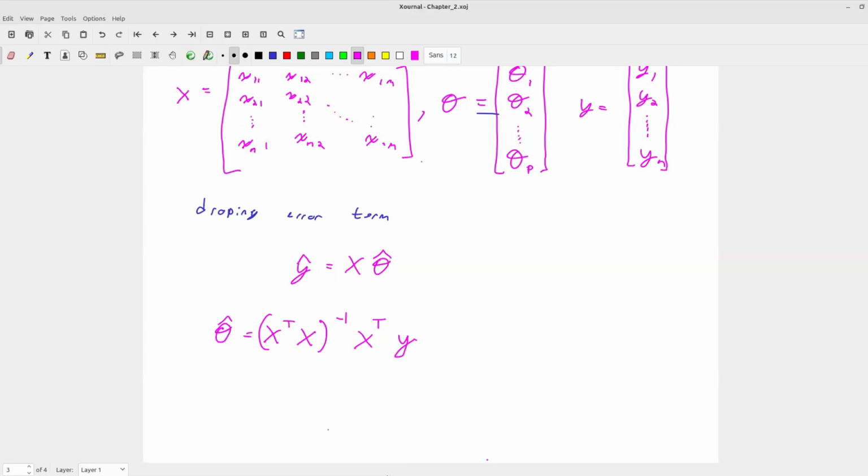And this is our normal equation, and it is a closed form solution. Does that make sense? So that is our normal equation and is a closed form solution.